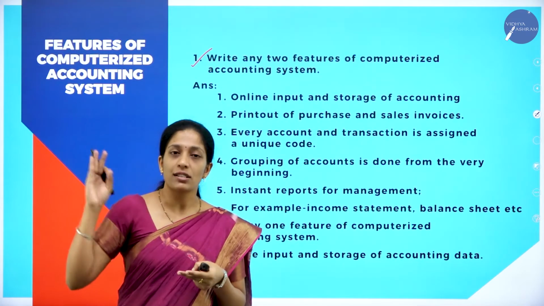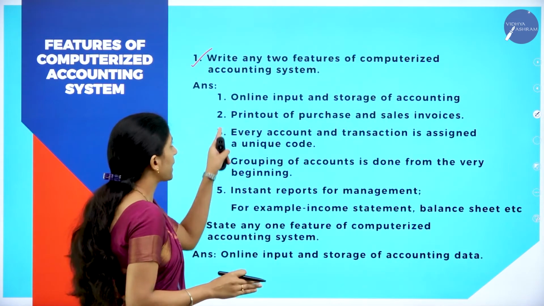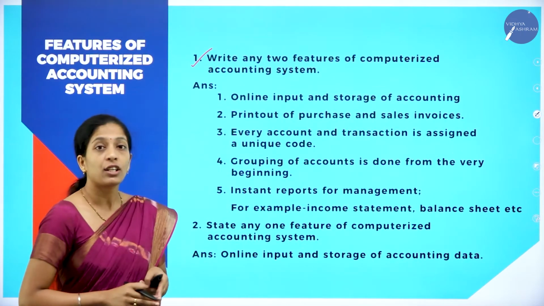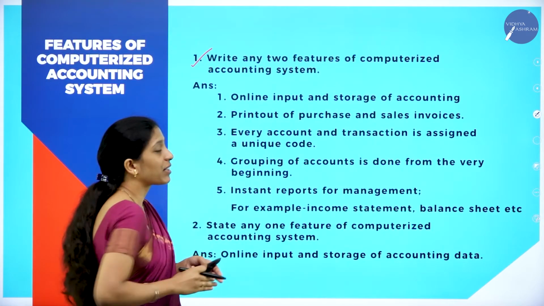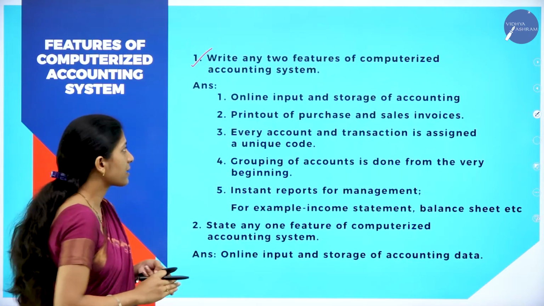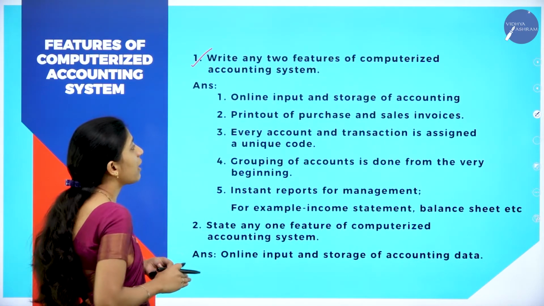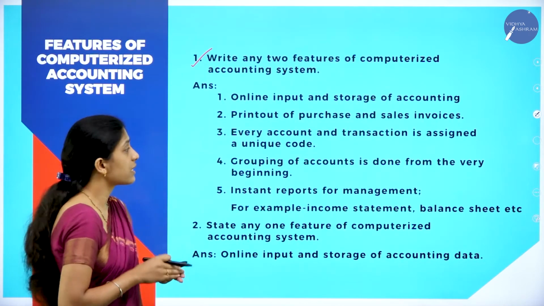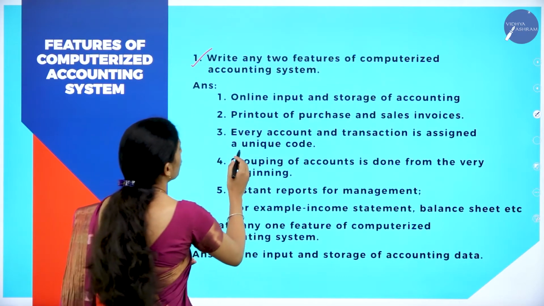Now coming to this topic, that is features of computerized accounting system, the most expected question is write any two features of computerized accounting system. So here I have given all the features. You can write any two features for 2 marks. That is online input and storage of accounting, printout of purchase as well as sales invoice. Every account and transaction is assigned a unique code.